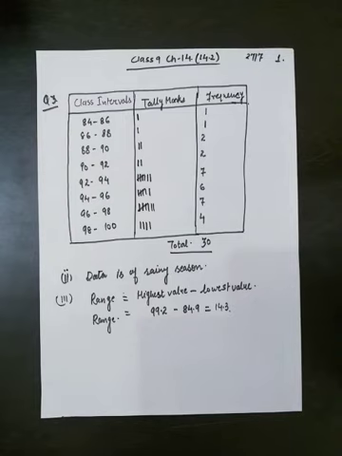Now come to the next question. In the next question, the heights of 50 students measured to the nearest centimeters, height in centimeters आपको given है, have been found to be as follows. Data on height is given to you for 50 students and we have to represent this data in a grouped frequency distribution table taking the class intervals as 160 to 165, 165 to 170.